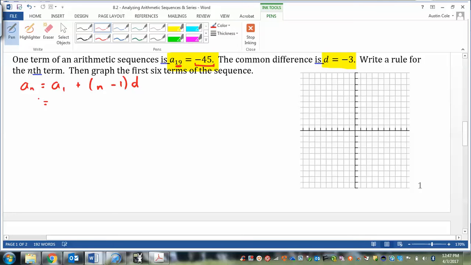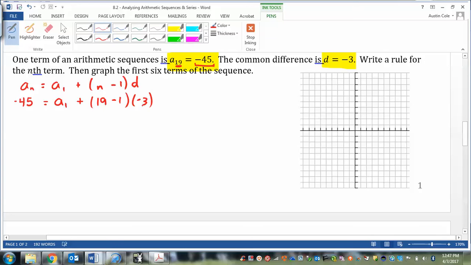So I'm going to put negative 45 over there. Do I know what a sub 1 is? No. That's what we're solving for. What is n? 19. So I'm going to do 19 minus 1, and our common difference is negative 3.